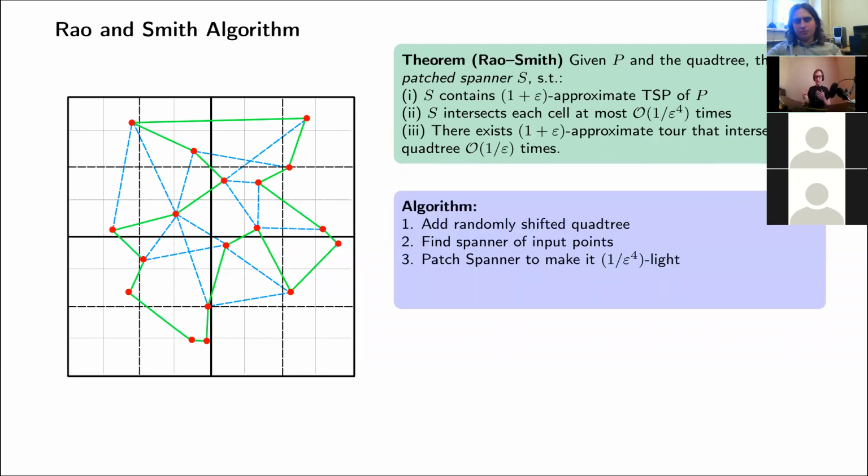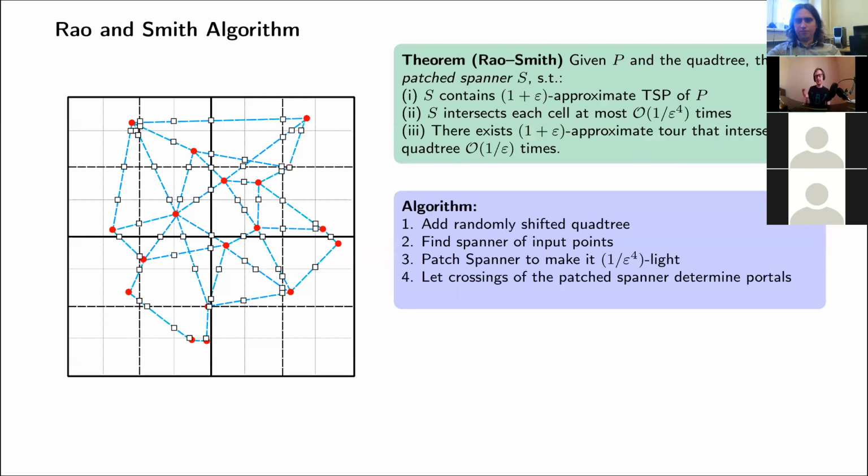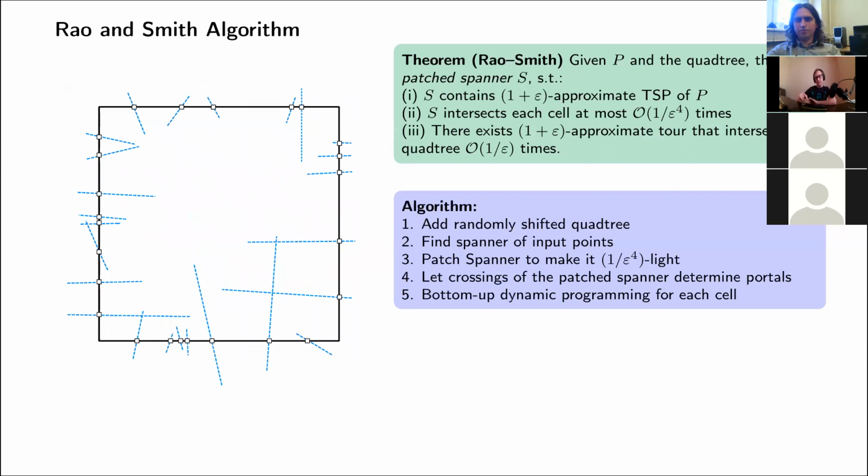Okay, so now the algorithm is basically to add this randomly shifted quad tree, find the spanner, and patch the spanner, make it 1 over epsilon to the 4, right, and let the crossings of this spanner and quad tree determine these portals. And then what you basically do next is bottom-up dynamic programming for each cell. So what we have here is a cell of a quad tree, and there are these spanner edges, and they determine the portals.